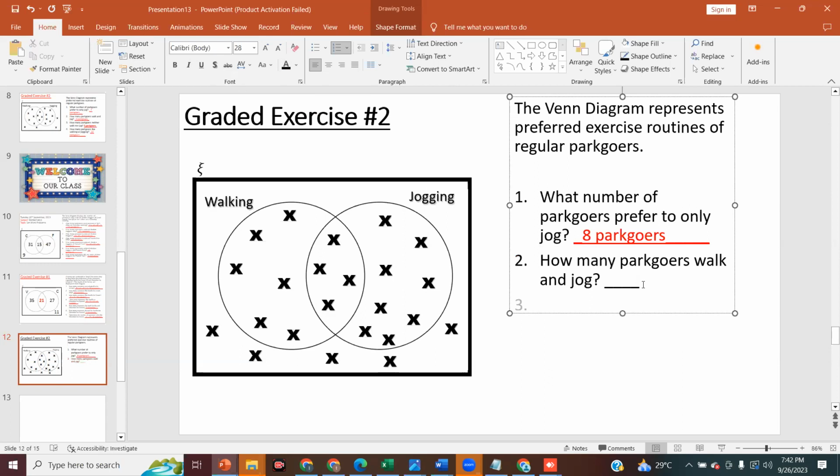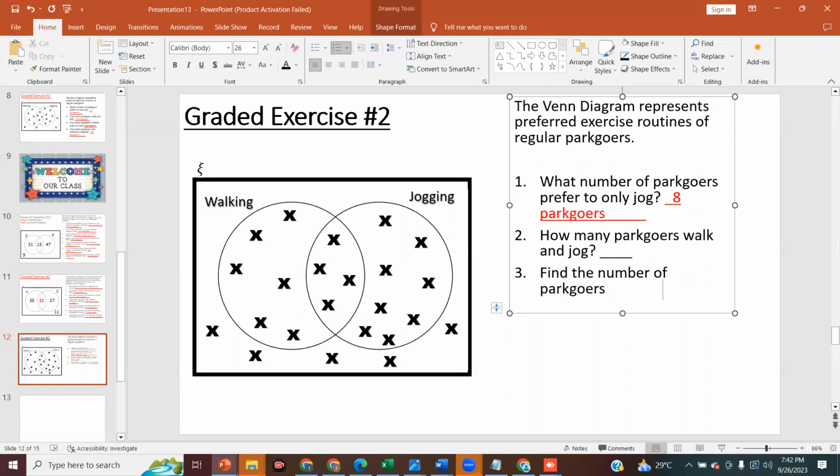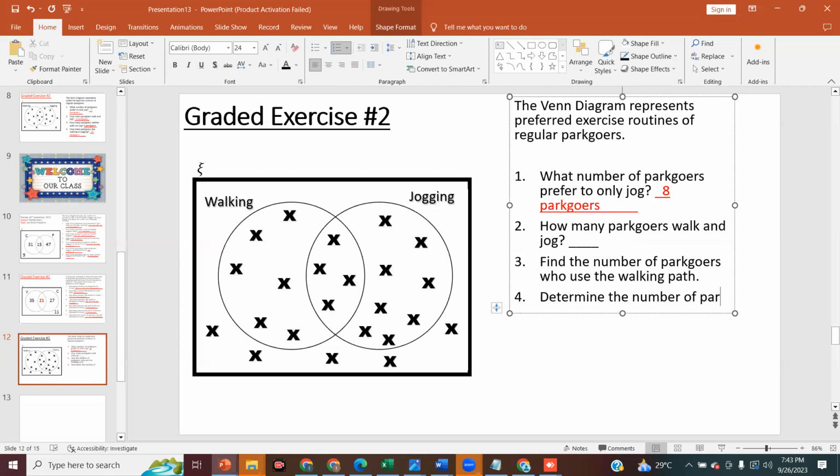Number 3, find the number of park goers who use the walking path.